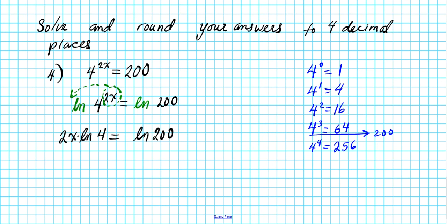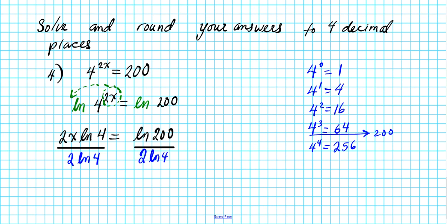Now the goal is to get x isolated since it is no longer an exponent. It's actually what's being multiplied by ln of 4. So we're now going to go ahead and divide by the appropriate numerical values to result in the isolation of x on the left side of the equation. So we're going to divide by 2 times the natural logarithm of 4 on both sides.